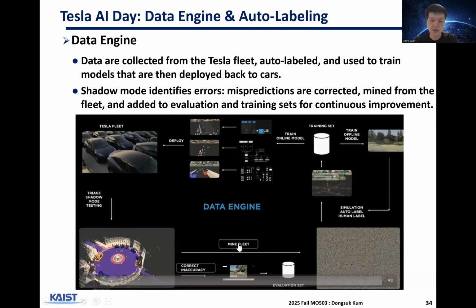Using that data, they can further mine similar data from the Tesla fleet, and that's often called a data boost. Then they can also create some evaluation datasets to evaluate performance for that type of data. So it goes through this cycle. They call it the data engine. Sometimes people call it a data flywheel.